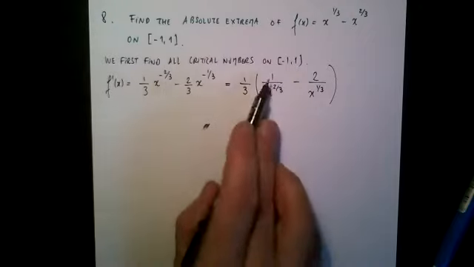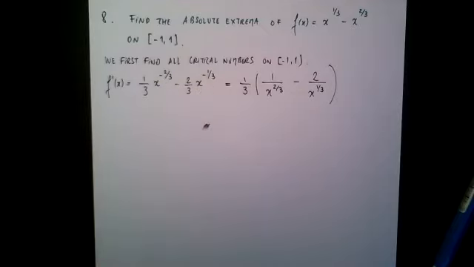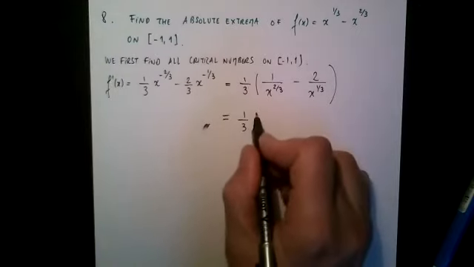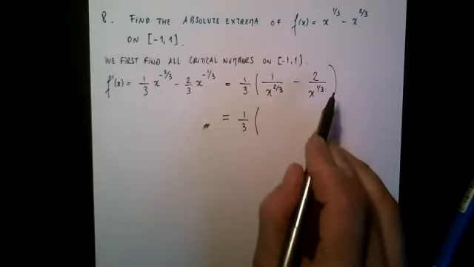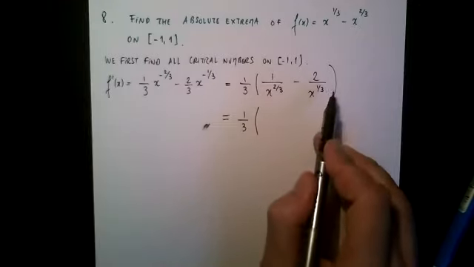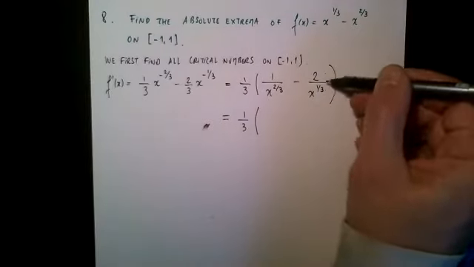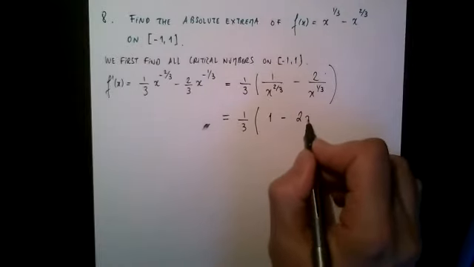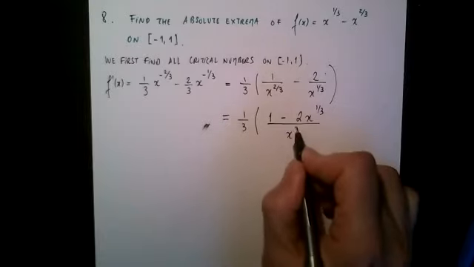Because the negative exponent means it goes down. When the exponent is negative, it goes down. Oh, okay. And I'm going to find the common denominator here. So I will multiply by x to the 1/3 top and bottom. So I'm going to have 1 minus 2x to the 1/3 over x to the 2/3.